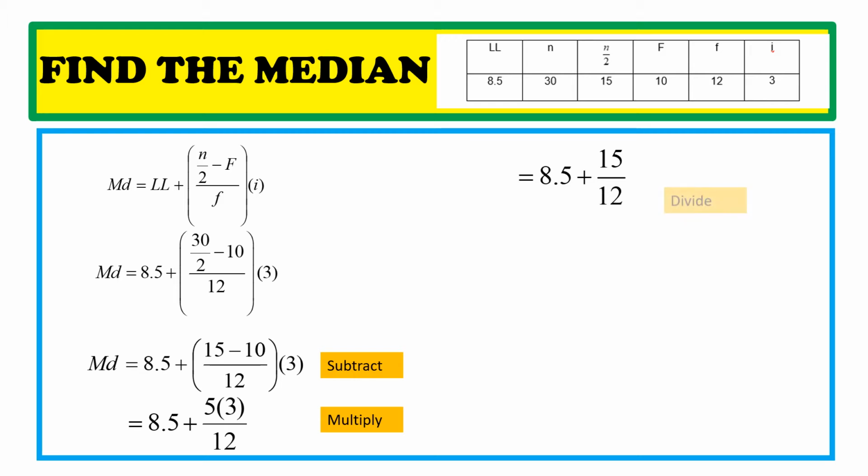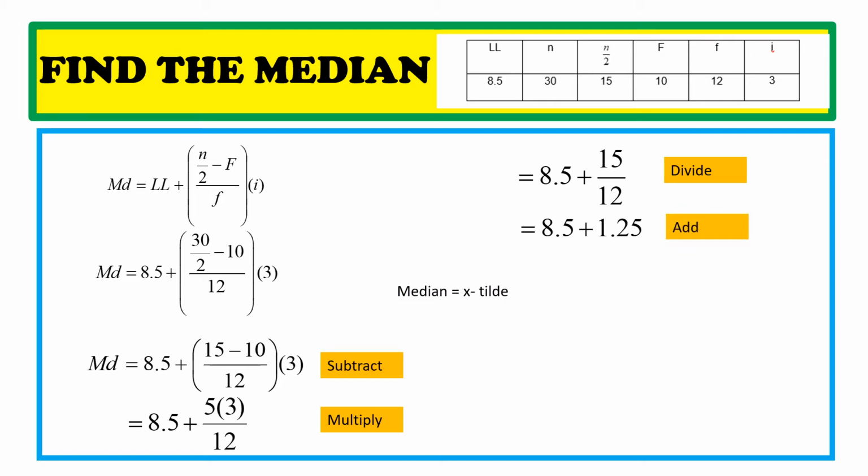Then we divide 15 by 12. 15 divided by 12 is 1 and 25 hundredths. Then we add, and we have our median, represented as x tilde, which is equal to 9 and 75 hundredths.